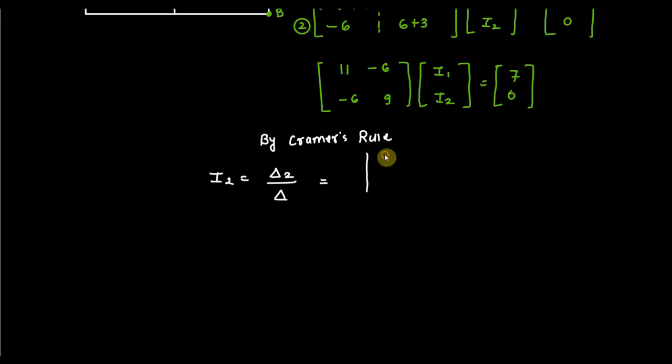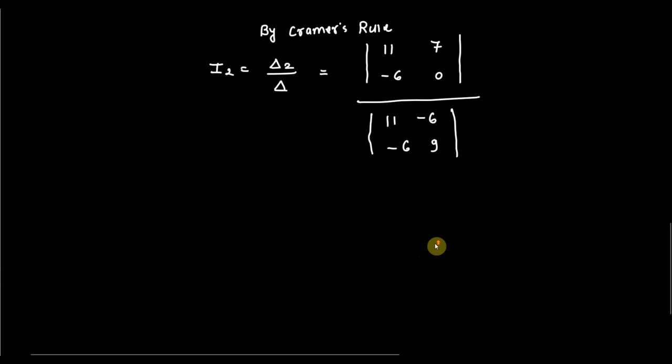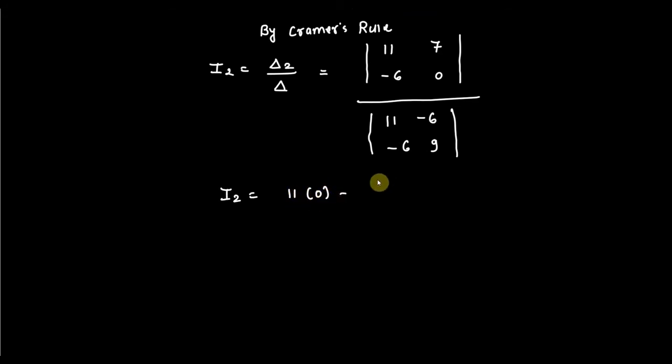The first column stays as it is, 11 and minus 6, and the second column will be 7 and 0. The delta matrix is actually your impedance matrix: 11, minus 6, minus 6, 9. Now solve this. Cross multiply: 11 into 0 minus 7 into minus 6.